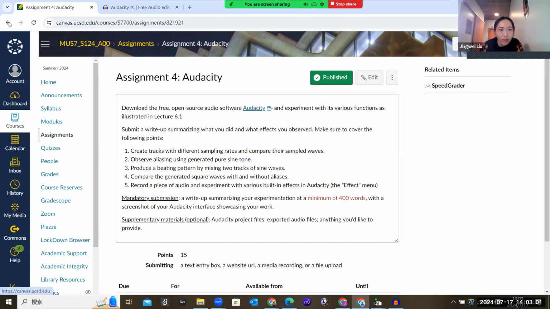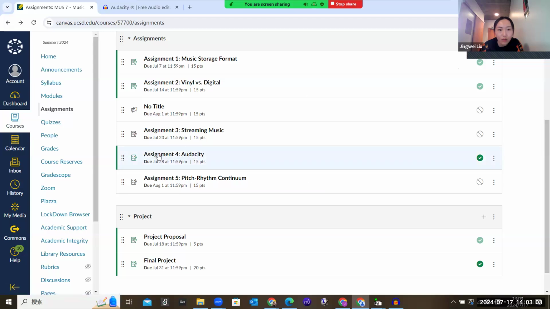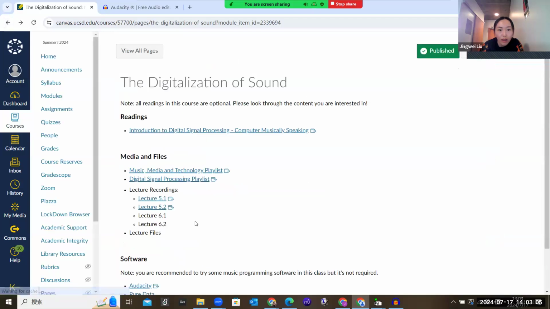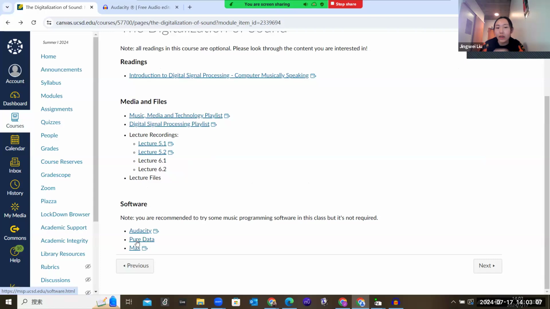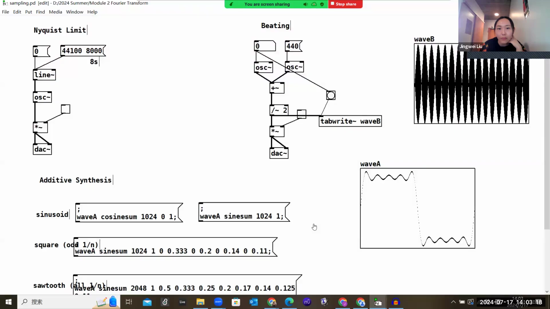Another software I will be introducing is Pure Data. Pure Data is a GUI, a graphical user interface. It's for computer-human interaction, so the interface will be like this. It's also a higher-level programming language, and it's also easy to use.